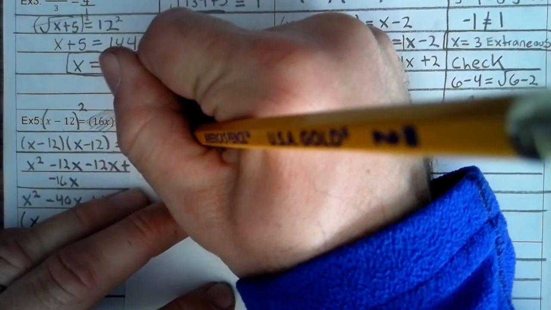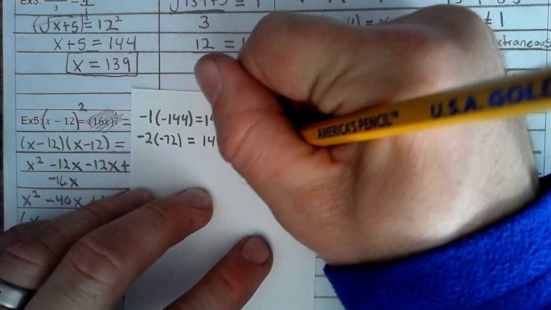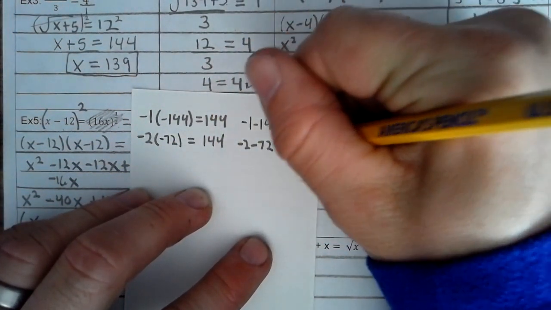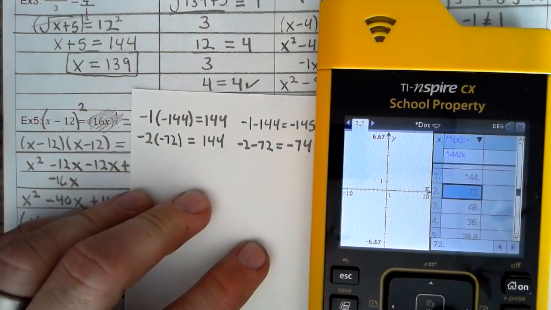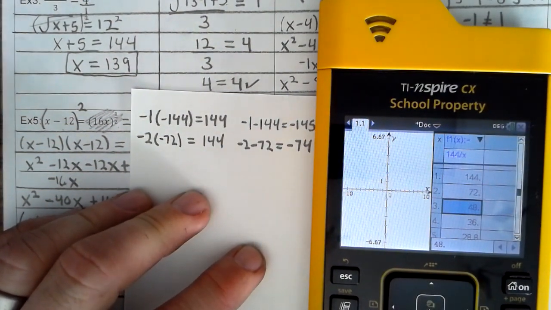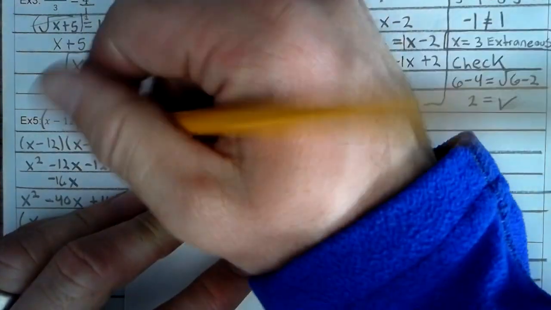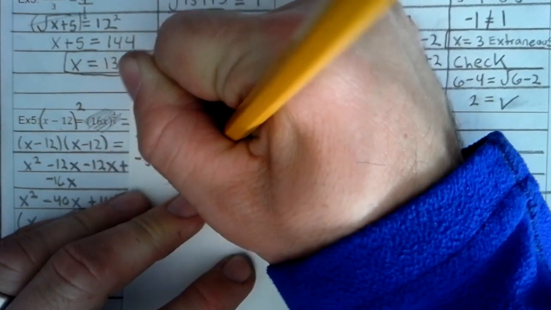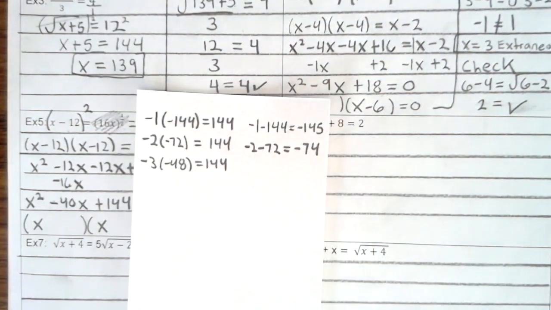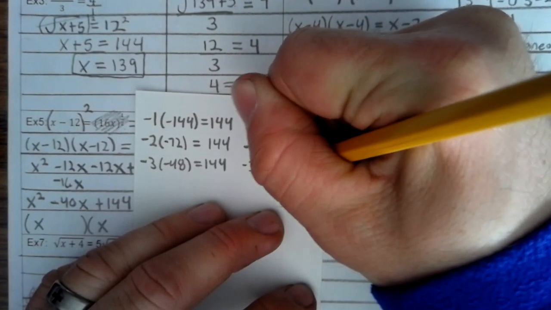Now my next one is 2 and 72. So 2 times negative 72 equals positive 144. Negative 2 minus 72 is negative 74. That didn't work. Now we look at the next combination, 3 and 48. So negative 3 times negative 48 is 144. Negative 3 minus 48 is negative 51.